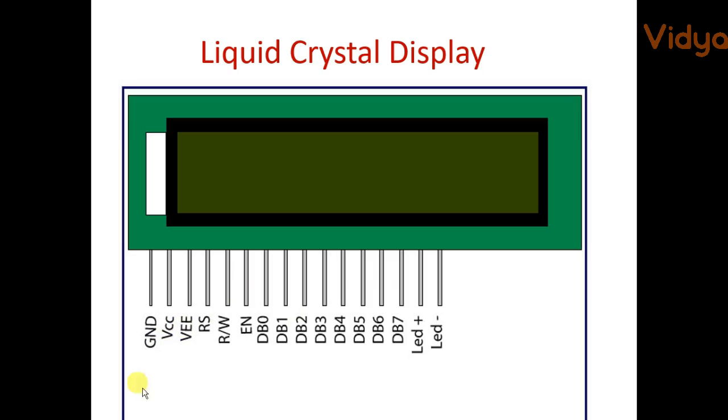Once I make it high and low, A will be printed here once. If I again give a high and low without changing the data lines, then a second A will be printed. Similarly, while giving every printable data or every executable command, every time we need to make this enable pin go high and low.